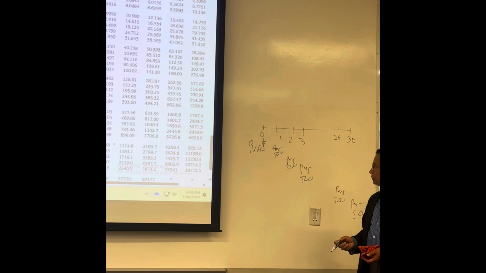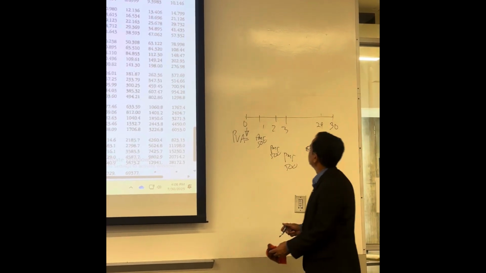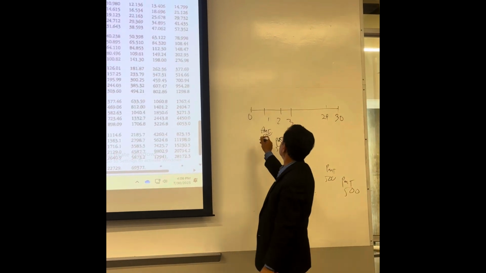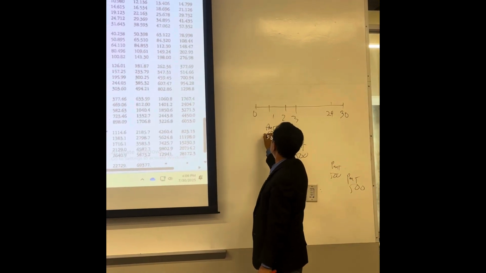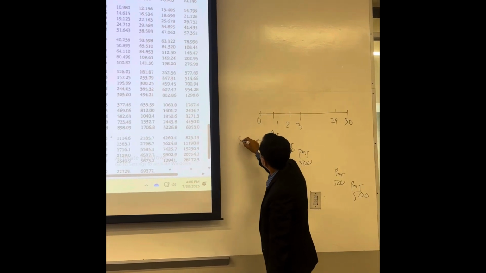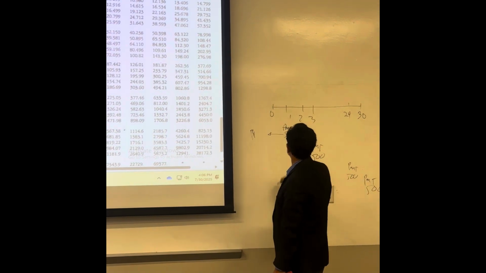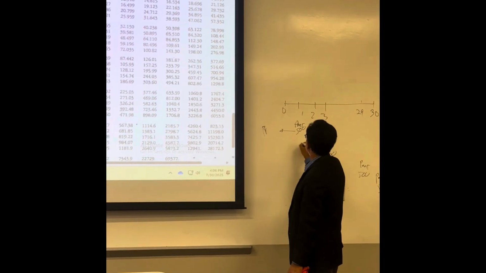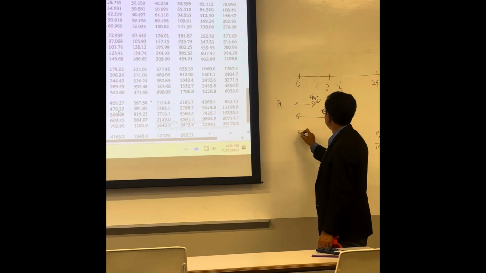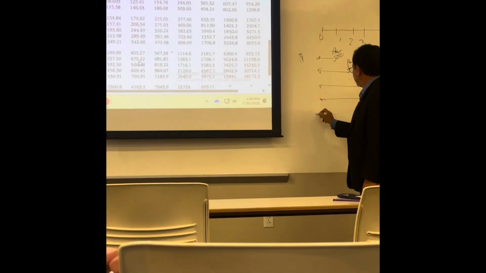Again, there's a long way to do it and there's a short way to do it. I'm going to show you the long way first. Find the present value of each of these separately. It will be the present value of the first payment, then the present value of the second payment, an individual single payment, and the present value of this, and this.